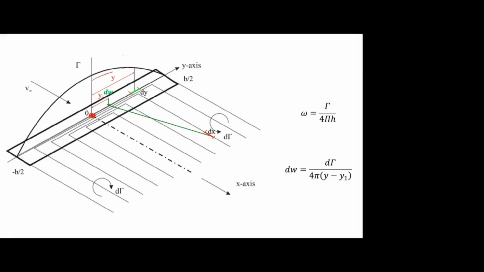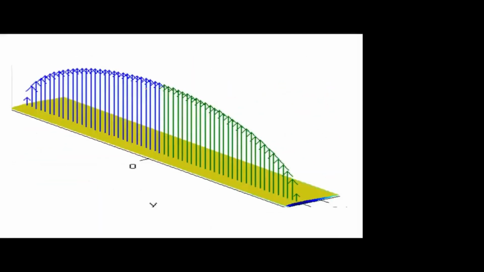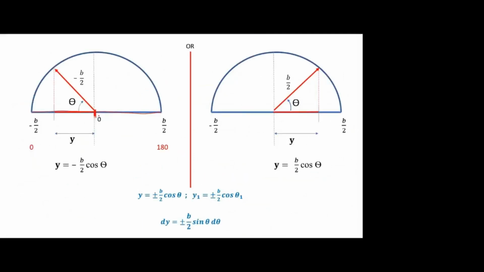From there only we are measuring y, y1, etc., on both sides. So from the center point I am taking some particular distance y.